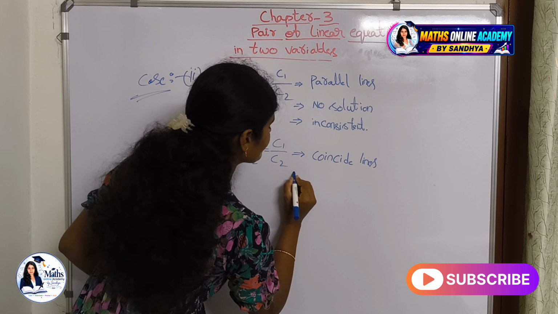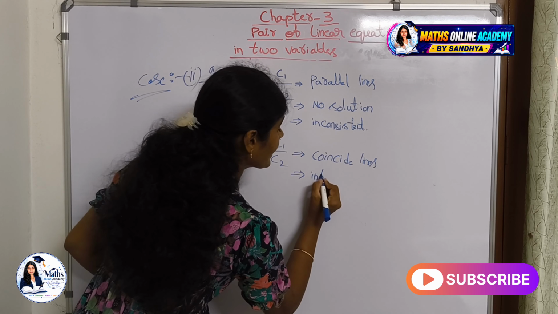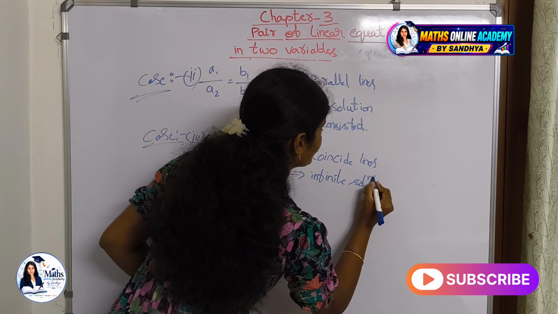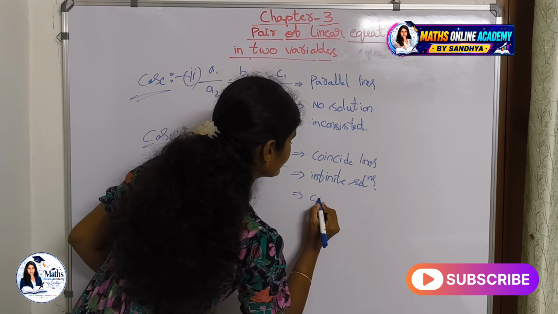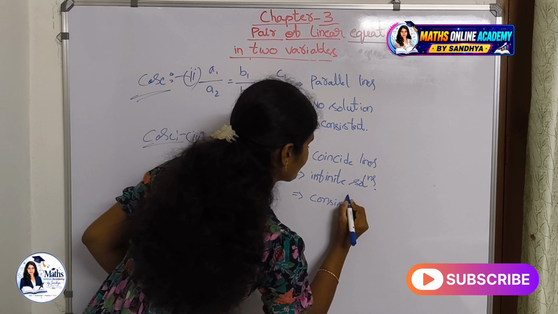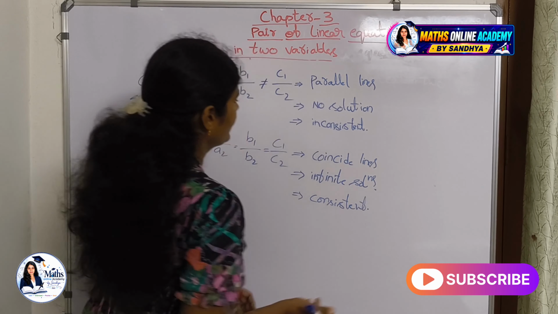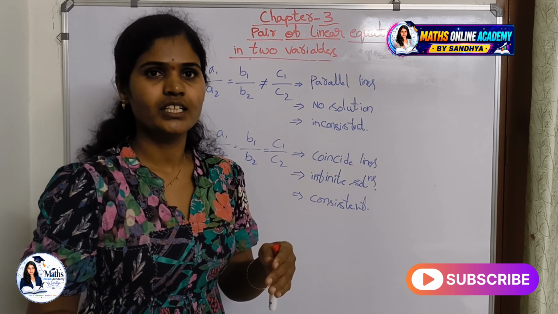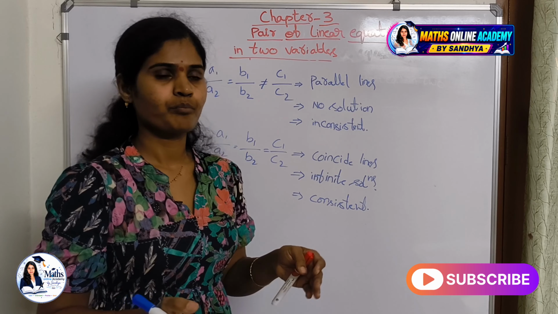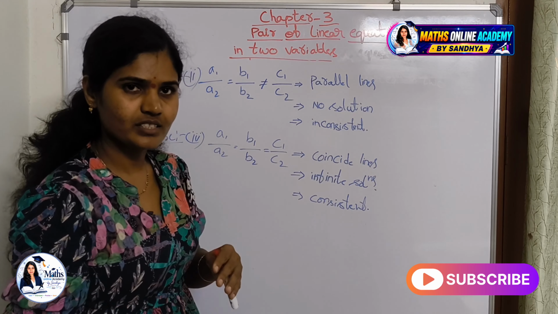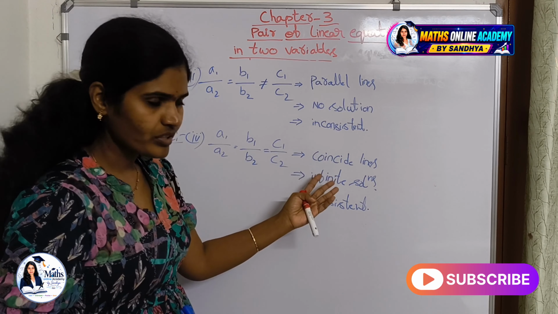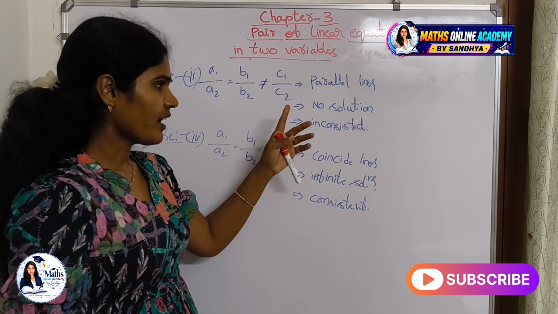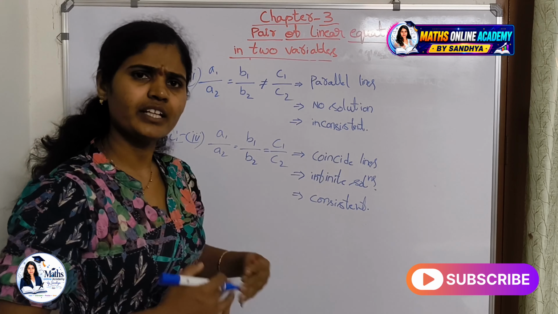Coincide lines means infinite solutions. Infinite solutions means what? Consistent. Yes. Based on these conditions, if you know the pair of linear equations, by using the conditions you can say whether it is parallel, coincident, intersecting, or has no solution. You can find out anything.